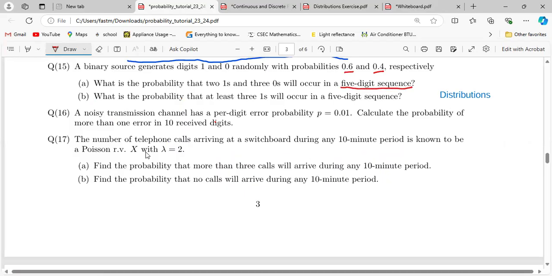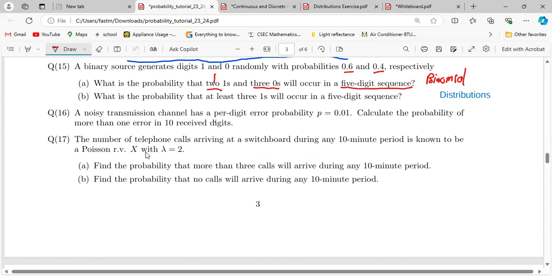Basically they're sending out 5 and checking to see if 2 of them are what you want, or 3 of them. So this would be a binomial, because we want the number of successes or failures in n trials.